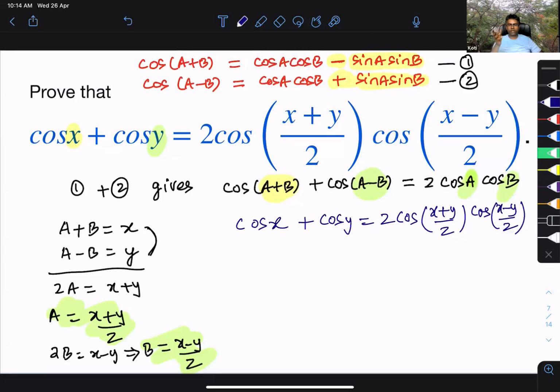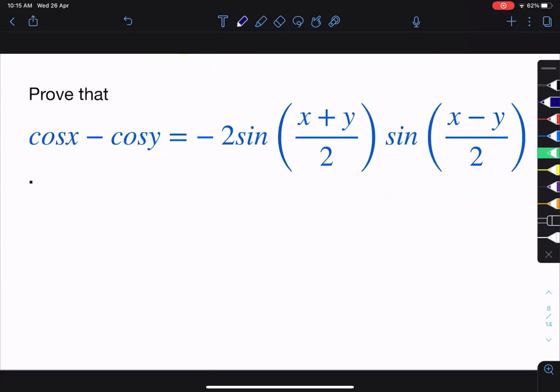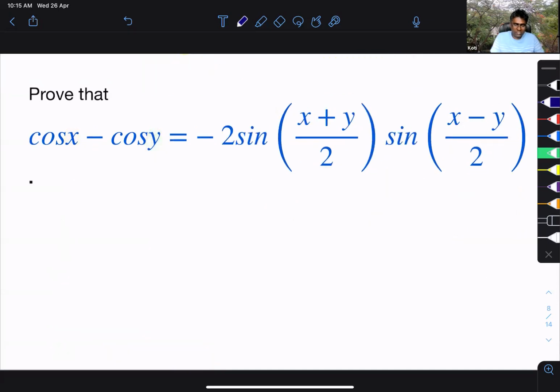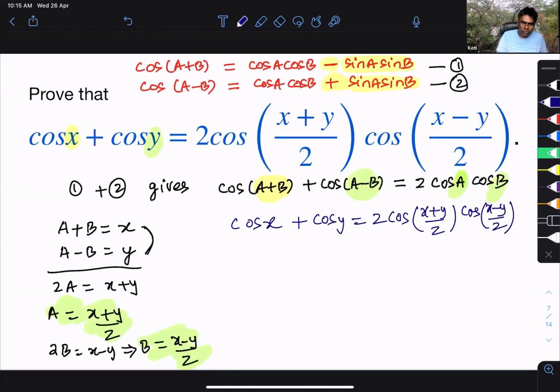Okay, if there are no questions, let us move on. We have just seen cos x plus cos y. Now we are saying cos x minus cos y. The idea is still the same. You are still going to start off with these two identities.